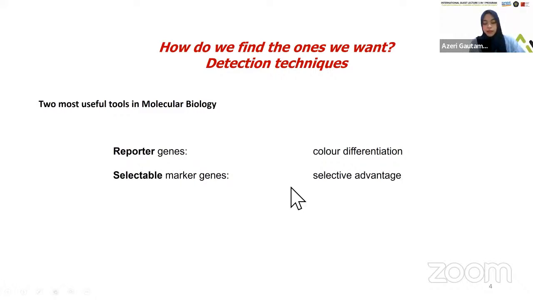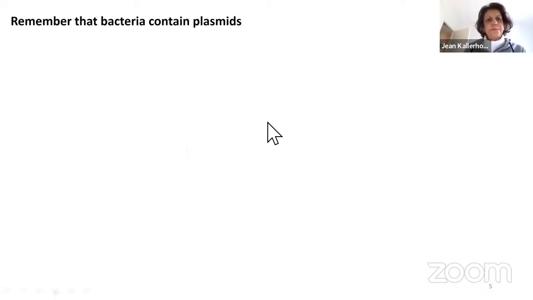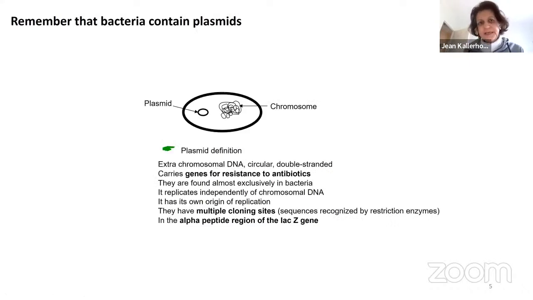Okay, right. So two things you need to remember: reporter genes and selectable marker genes. This will be used throughout the whole of your studies, and so you need to understand this, okay? Voila. First thing to remember, we saw it last time, is that bacteria contain plasmids.